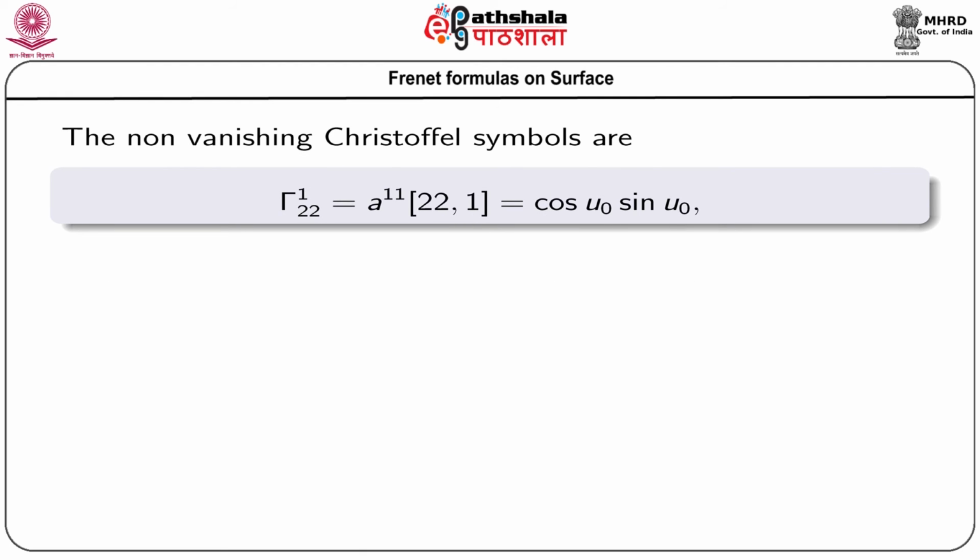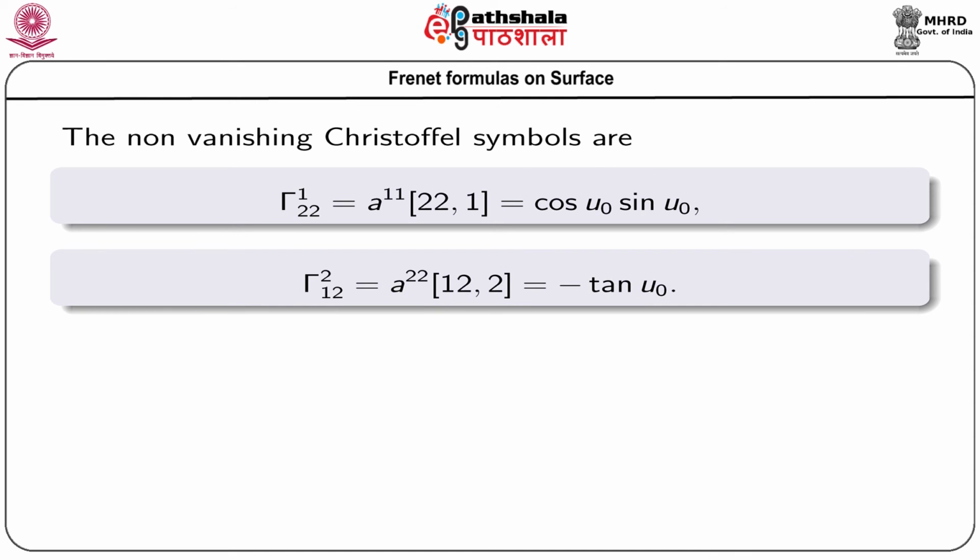The non-vanishing Christoffel symbols are gamma 1 2 2 is cos u 0 sin u 0 and gamma 2 1 2 is minus tan u 0. So, if we calculate the Christoffel symbols of first kind 2 2 1 and 1 2 2 and take the product with A upper 1 1 and A upper 2 2, then we get these results.